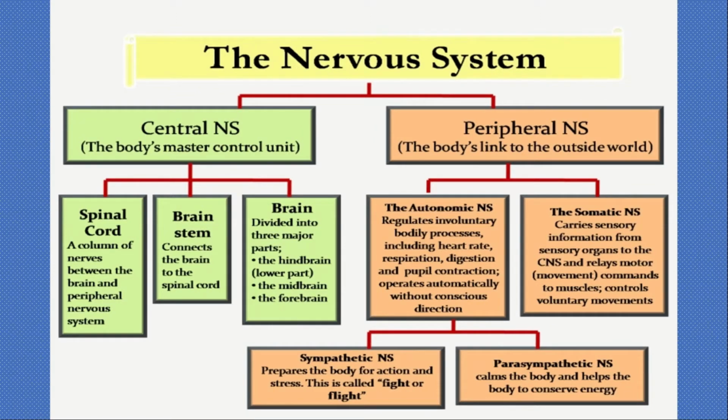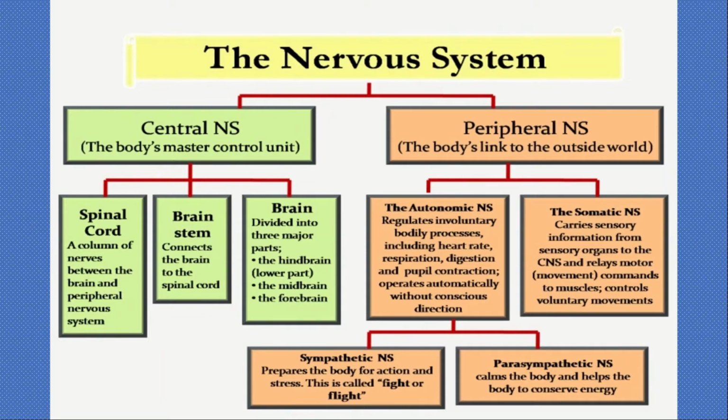The autonomic nervous system handles involuntary movements, where we don't have any control over it, whereas the somatic nervous system handles voluntary movements. The autonomic nervous system is further classified into the sympathetic nervous system and the parasympathetic nervous system.